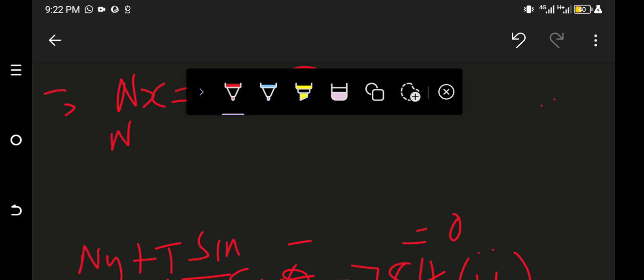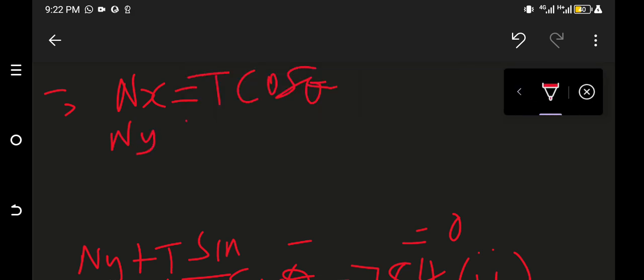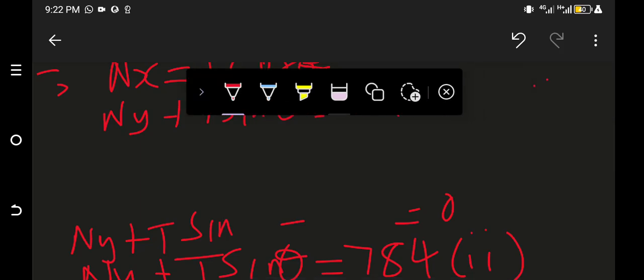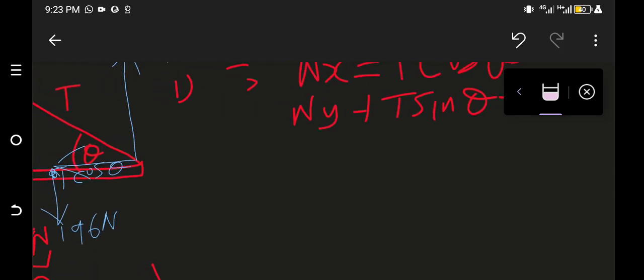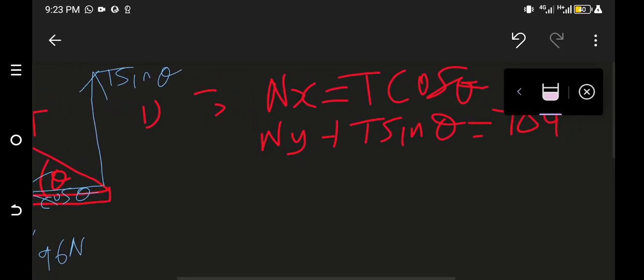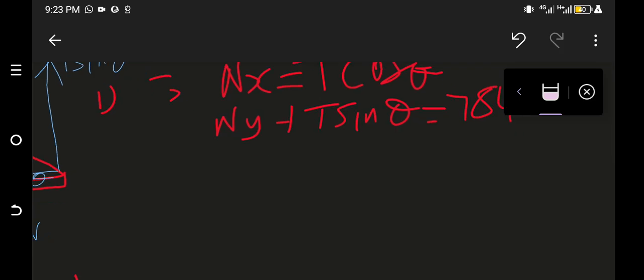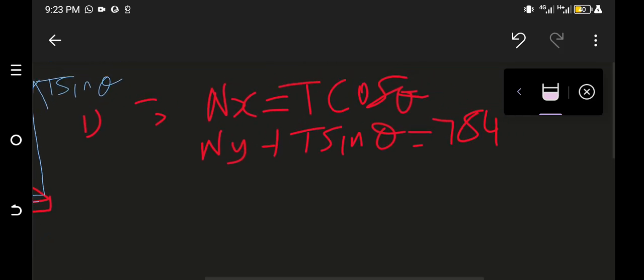Ny plus T sine theta is equal to 784. This is our second equation, so I'm writing it on top there, and deleting everything which is remaining. So we have only managed to get this, but this is not enough to get what we want.